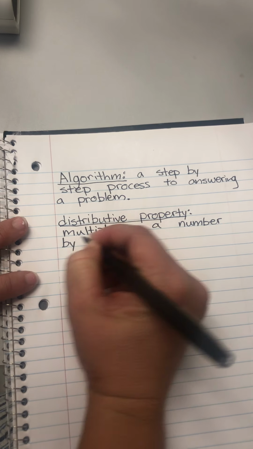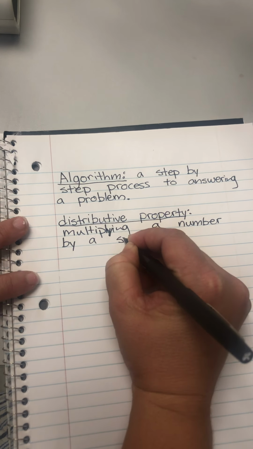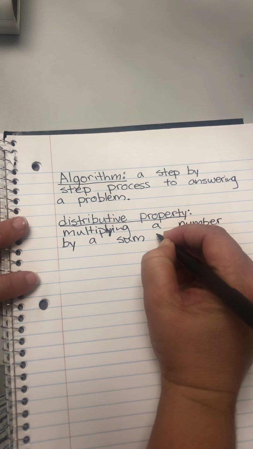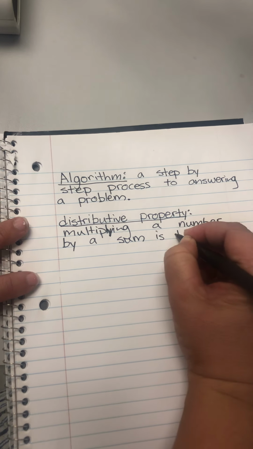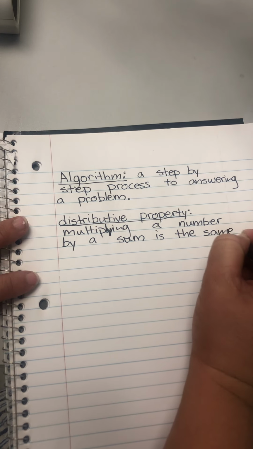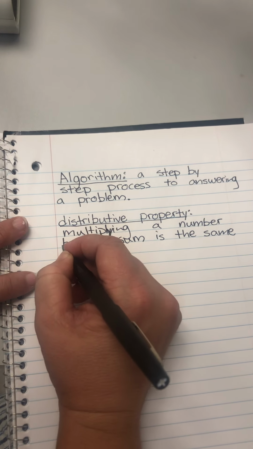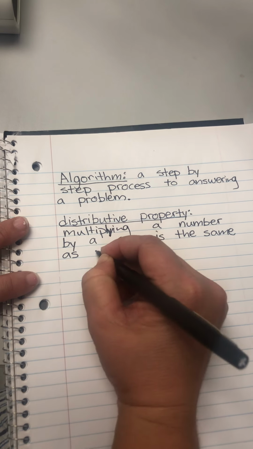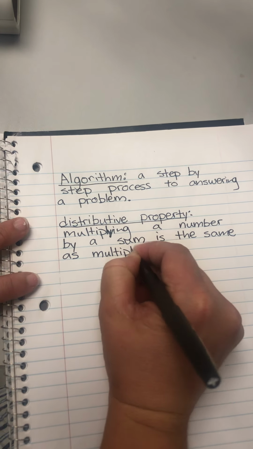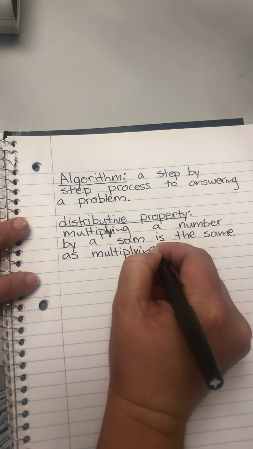By a sum is the same. This is just a lot of words that you'll be like, oh, it's the same as multiplying. Let's try to spell this right this time. Multiply. Is that a same or a sum?